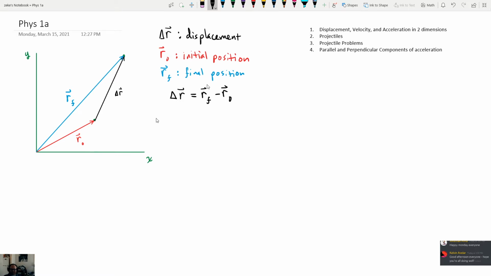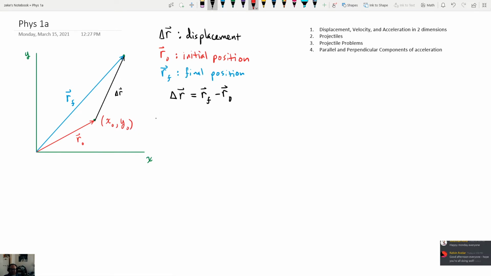What else to say about it? That's how it's defined. In general, we can describe this, let's just pick one of these here. Let's say that for R naught right here, the XY coordinate of this is X sub 0, comma, Y sub 0.